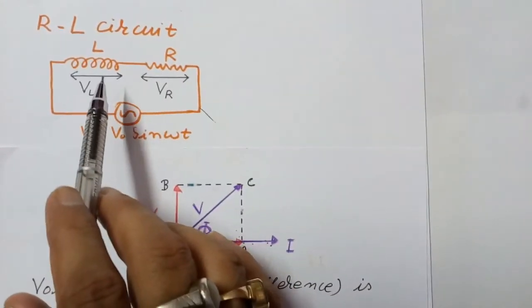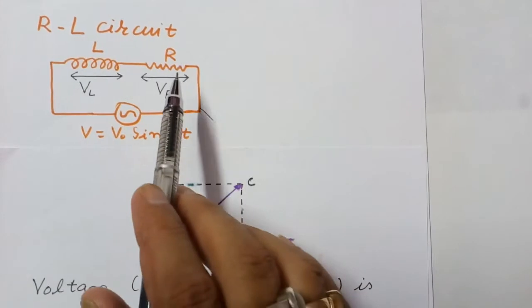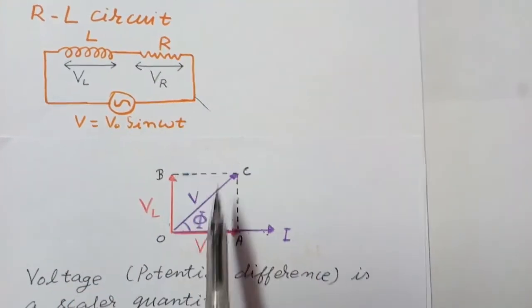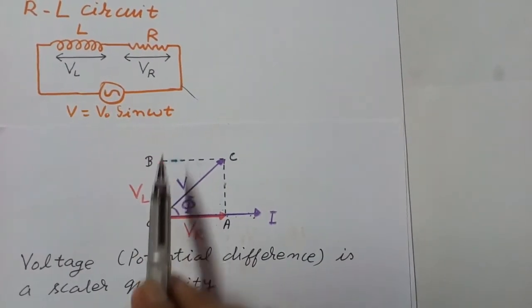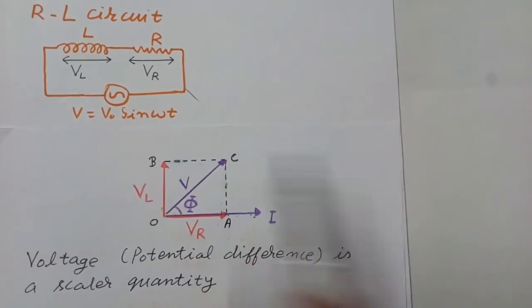But in inductor voltage leads the current, and in resistance current and voltage are in same phase. So if we draw the combined phasor diagram, then by vector representation, this is like this.